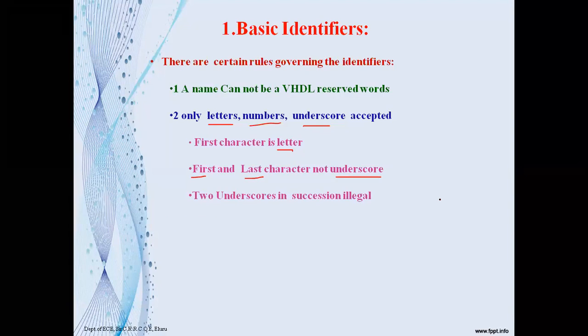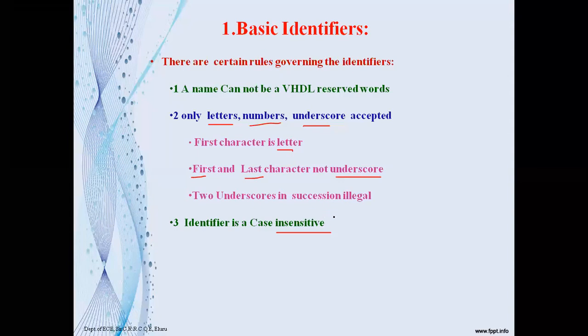And the identifier is case sensitive here. Sorry, it is case insensitive here. So you can use both uppercase letters and lowercase letters, or a combination of uppercase and lowercase. The identifiers in VHDL are case insensitive, under the basic identifiers.